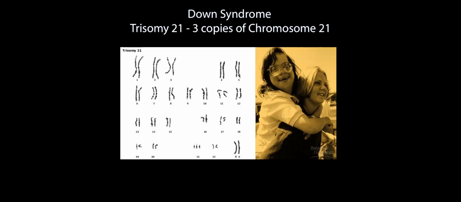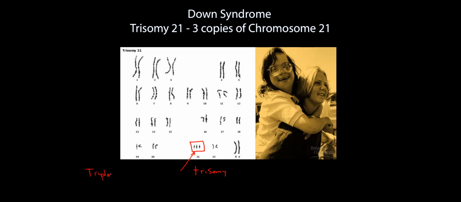Down syndrome is characterized by having an extra chromosome 21. We call this condition, where you have just one extra chromosome of one homolog, trisomy. This is different than being triploid.